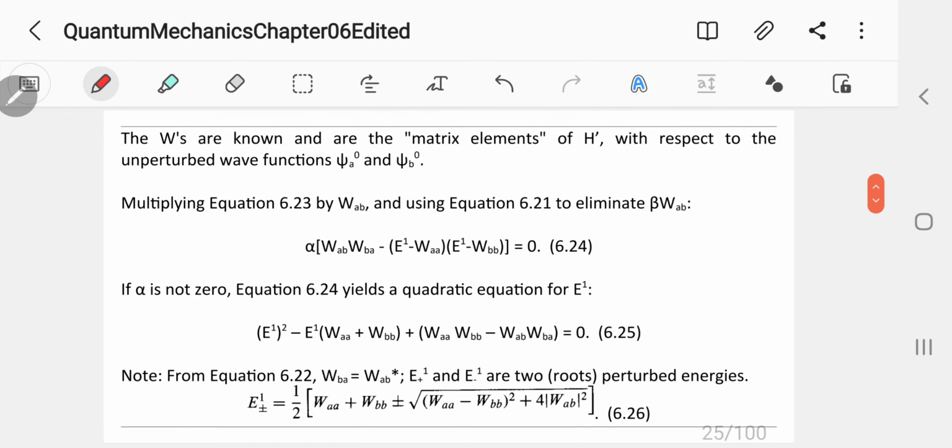So the W's are known and are the matrix elements of H prime with respect to the unperturbed wave functions phi A0 and phi B0.